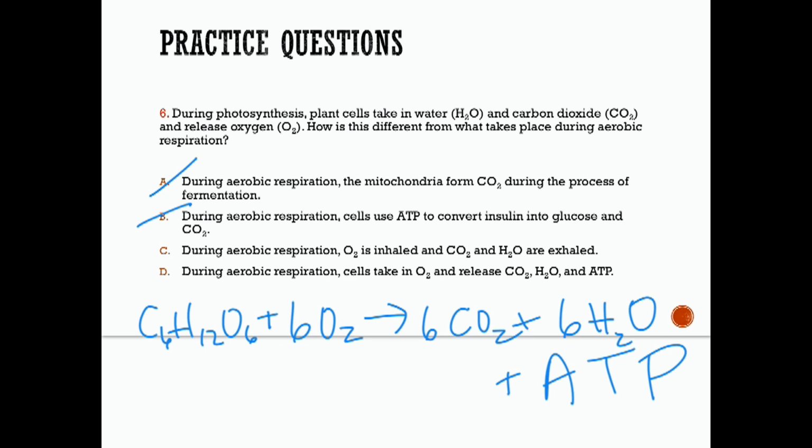And you're like, well, it's the right things on the right side of the equation. So you're like, let's look at D. During aerobic respiration, cells take in oxygen, yes, and release carbon dioxide, yes, water, yes, and ATP, yes. Okay, so I think D stands out to us for the correct answer choice.